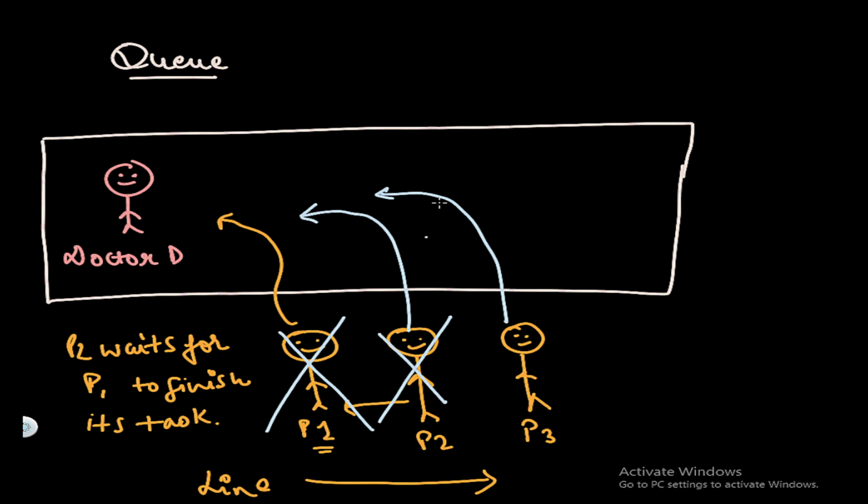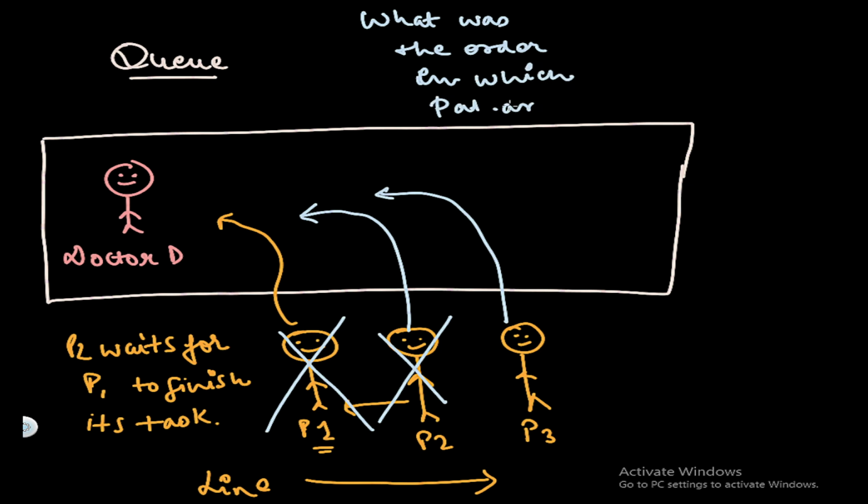So you can see the order in which they arrived. What was the order in which the patients arrived? First of all P1 came, then P2 came, then P3 came, right?